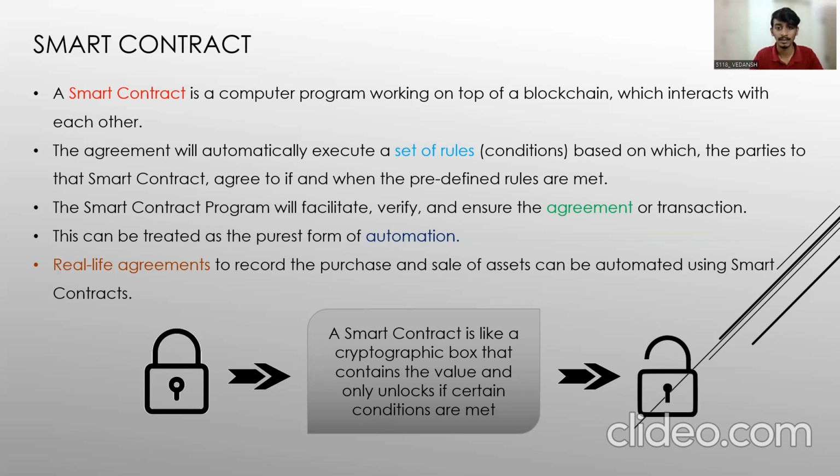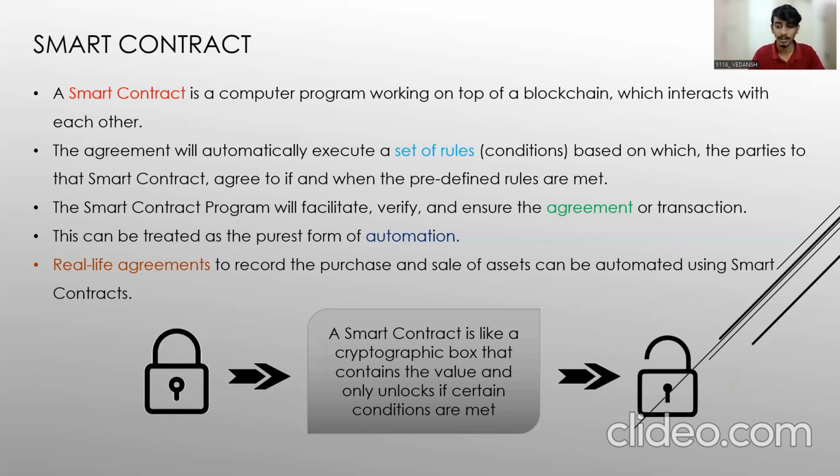They list down the conditions and look into which of the conditions they both mutually agree on. And once all the conditions are satisfied by both the parties, then the smart contract gets executed automatically.